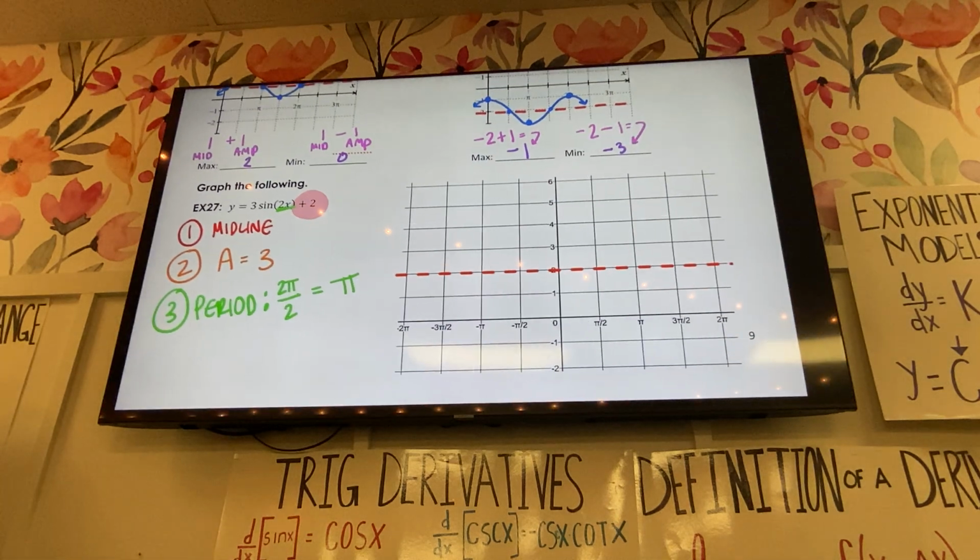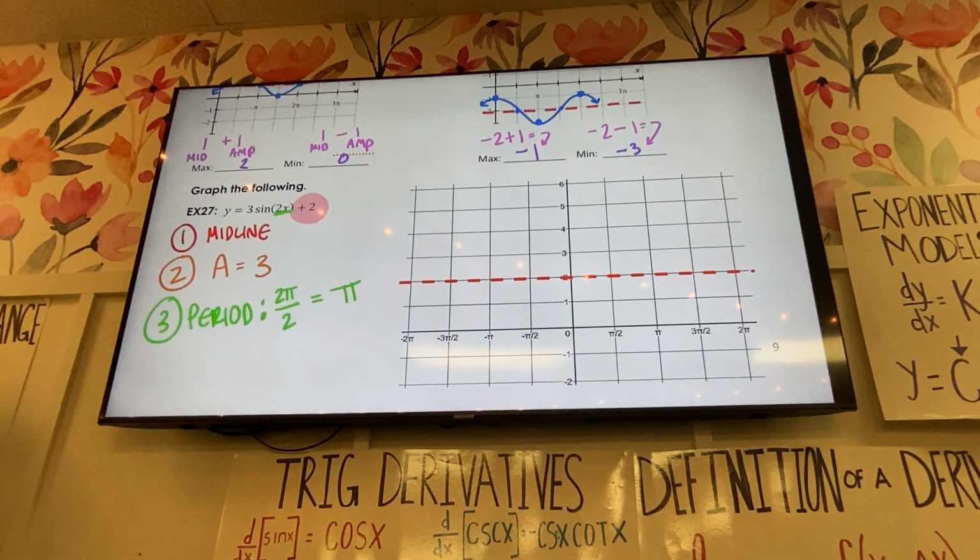And it's sine. So I can start at the midline and end at the midline. The sine starts at the midline, ends at the midline. Cosine will start and end at the maximum. And your middle point is also going to be at the midline. Your quarter points are going to be at the amplitude.